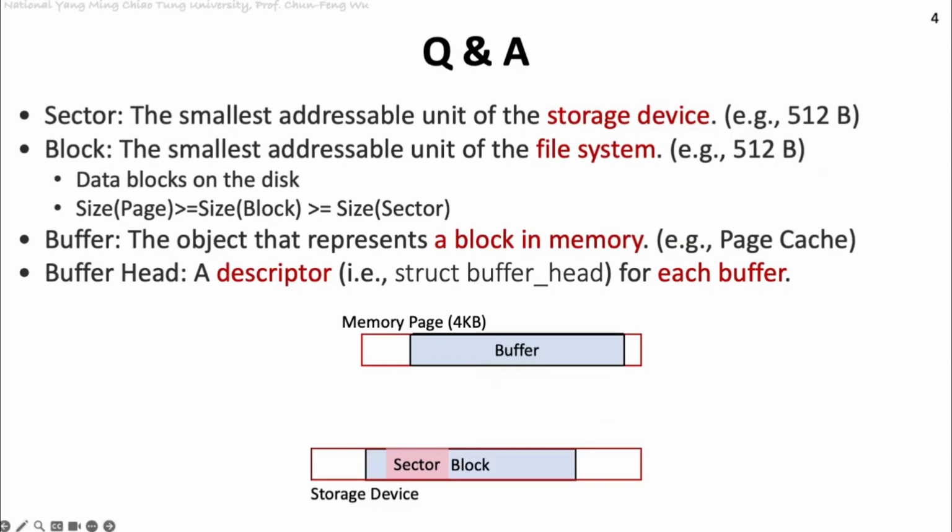So you read the data blocks from the storage device to the memory, and the place to put these buffers is called the cache. Okay. I think this is a way to answer what a lot of you asked about: the relationship between blocks and buffers. Okay.